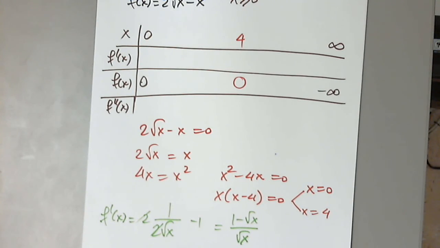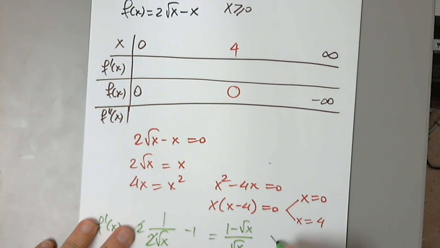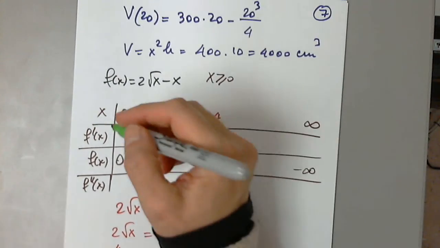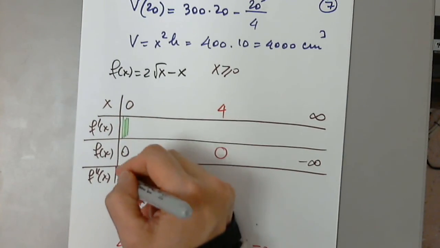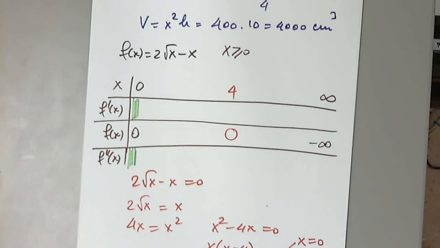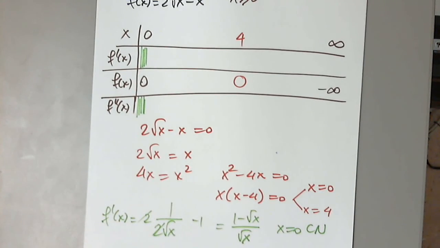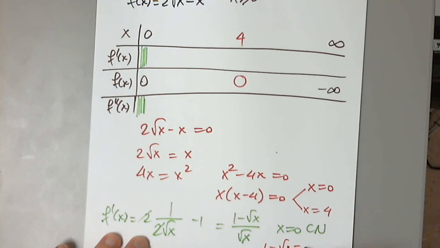But because f prime is undefined where the function is defined, x equals 0 is a critical number. If the first derivative doesn't exist there, the second one, of course, will not. Okay, so now what is the other critical number? You should write 1 minus the square root of x equals 0.